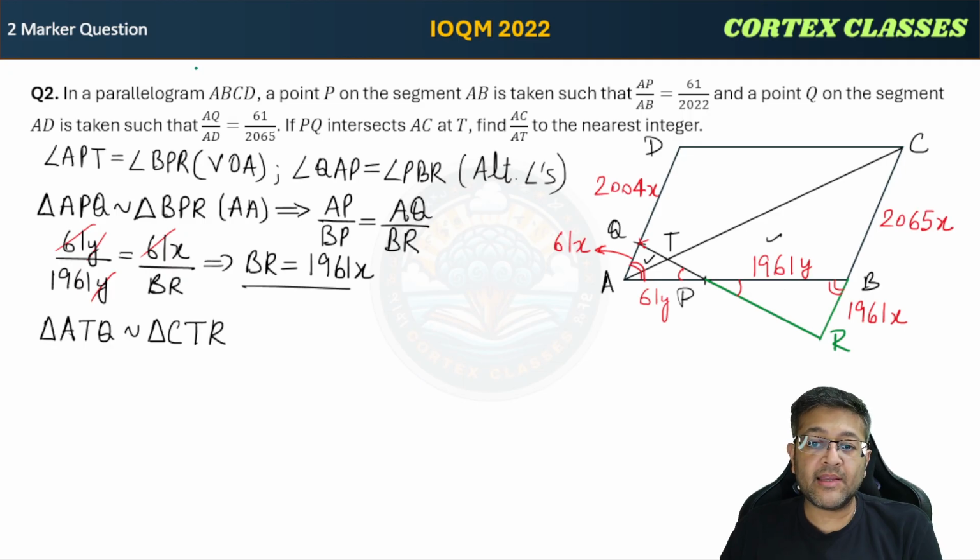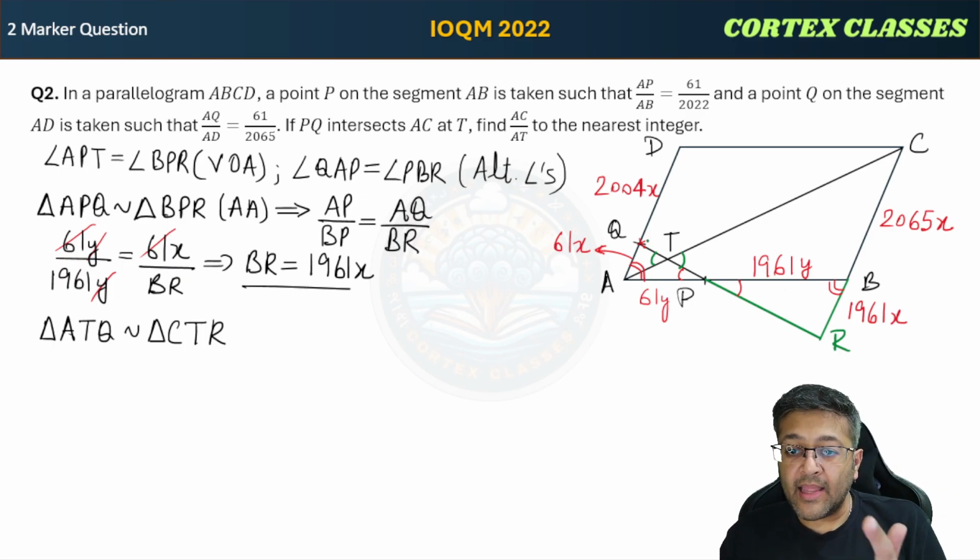I'll mark the angles now. The angle at T is going to be a vertically opposite angle again. Let me show you with the green color. So angle ATQ is equal to angle CTR, vertically opposite angles, right? And angle QAT or DAT is going to be equal to angle TCR, right?